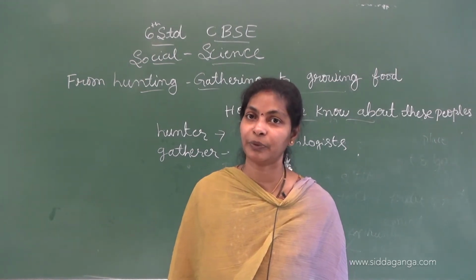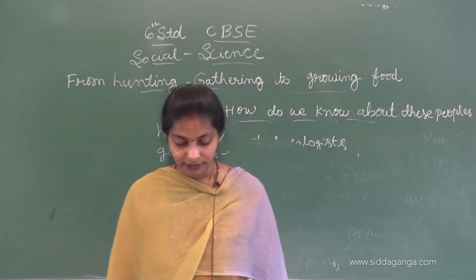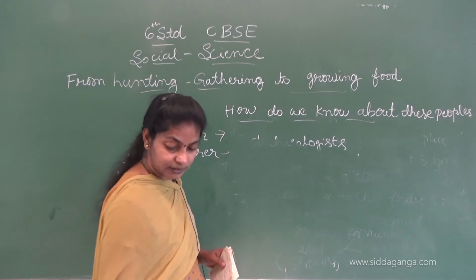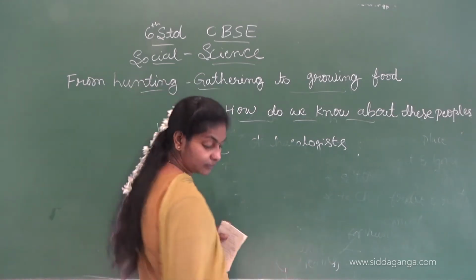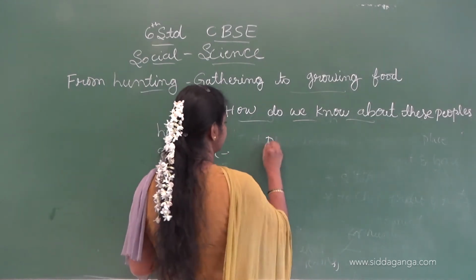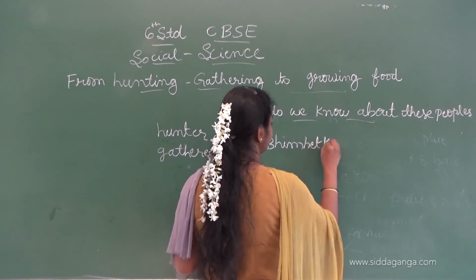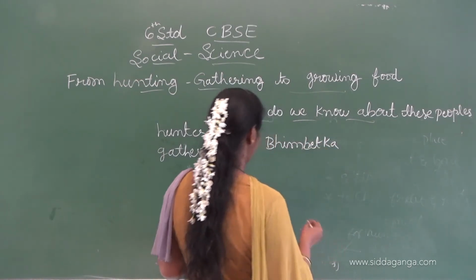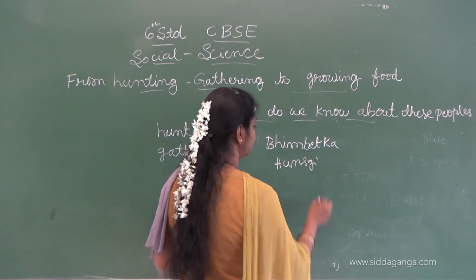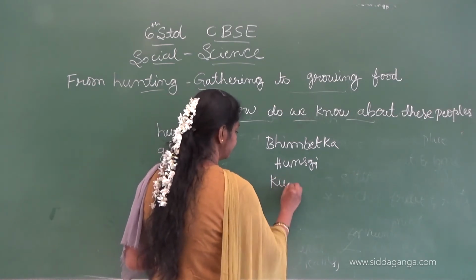Among them, the important places are Bhimbetka, Hunasagi, and next, the Kurnool caves.